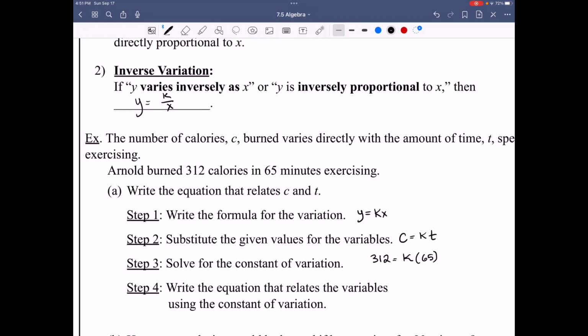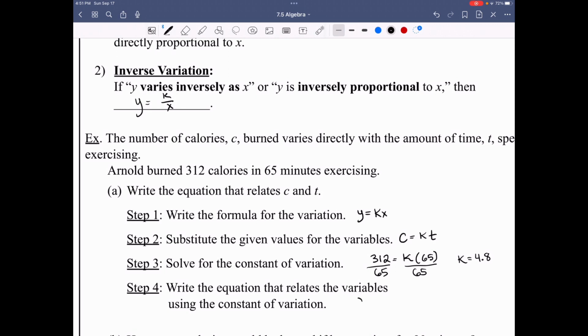Then we divide both sides by 65, and that does not go in evenly, so I'm going to use my calculator. K is equal to 4.8. Then we'll write the equation that relates the variables using the constant of variation.